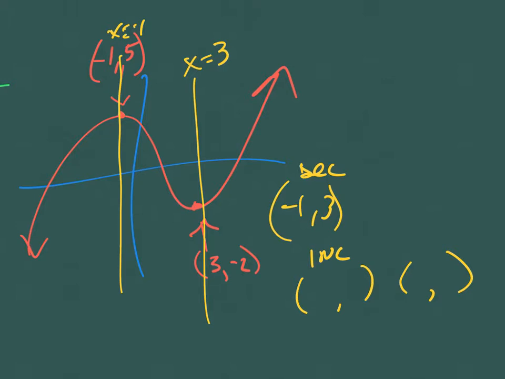It's increasing from -infinity until, is a good way to think of it, until it hits -1. Raise your hand if you had that part right. Good. How many of you also remember to put a little u in between the two? Some of you. Okay, and then where does it start increasing again? 3 to infinity. There we go. That's increasing and decreasing intervals.